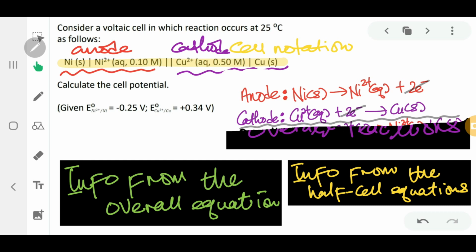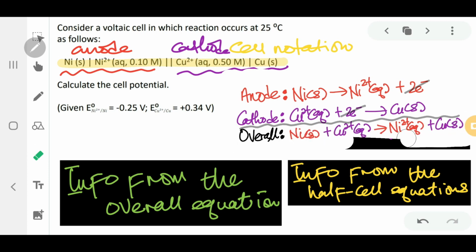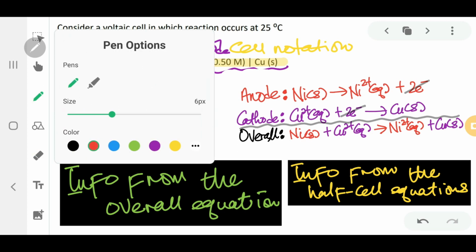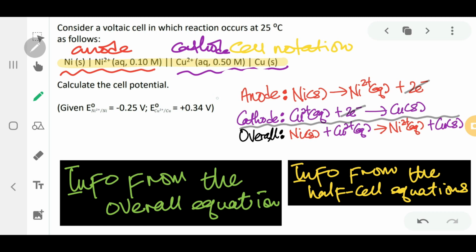So when you want to complete that by writing down the overall reaction, you will have this. By writing this, you should be able to get 1 mark for here, 1 mark for that one, and 1 mark for the overall reaction.